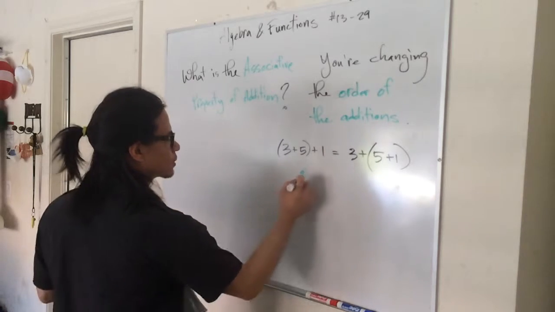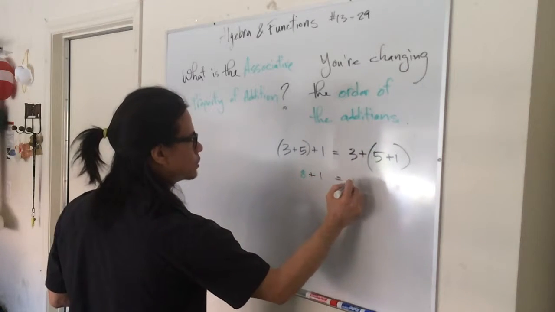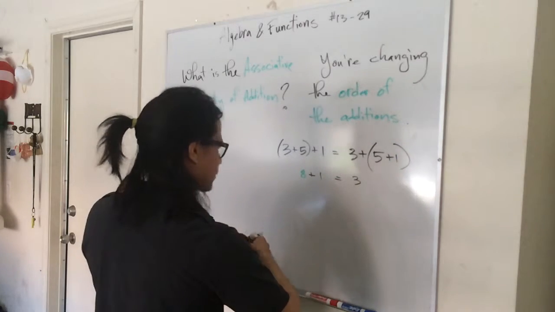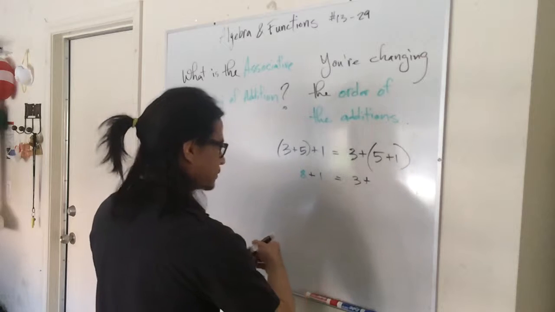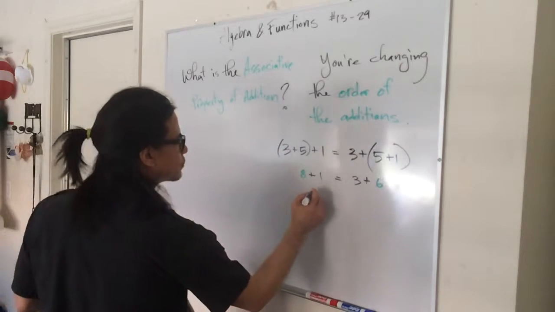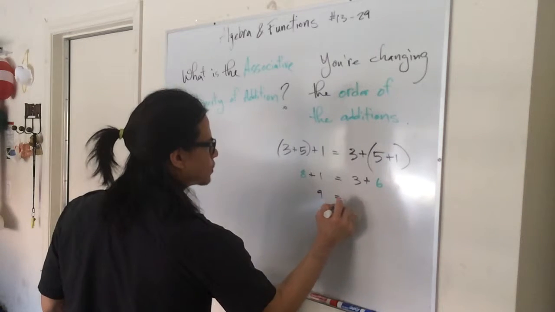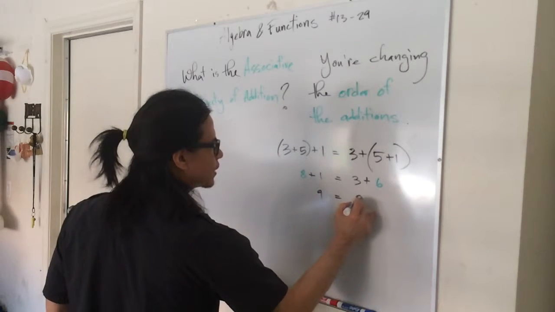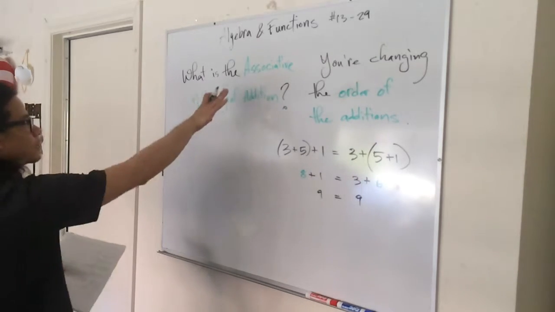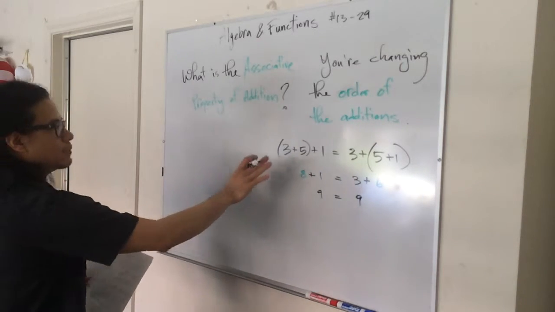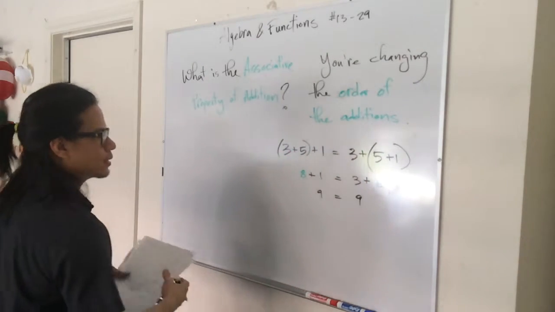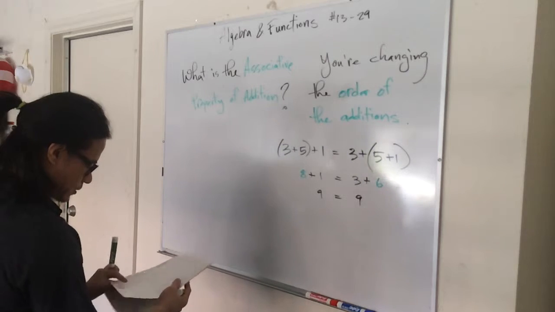Plus 1 equals 3 plus 5 plus 1 is 6. 8 plus 1 is 9, equals 6 plus 3 is 9. So according to this associative property of addition, even if you change the order in which you are adding, you're still going to get the same result.